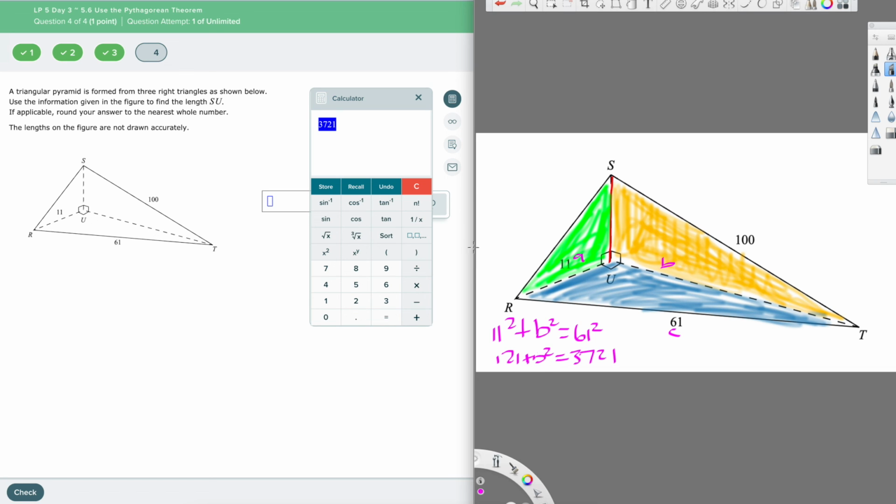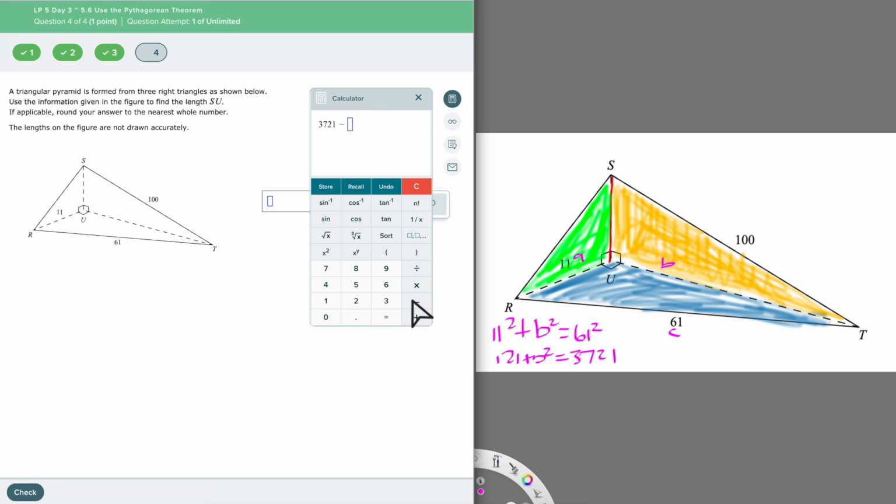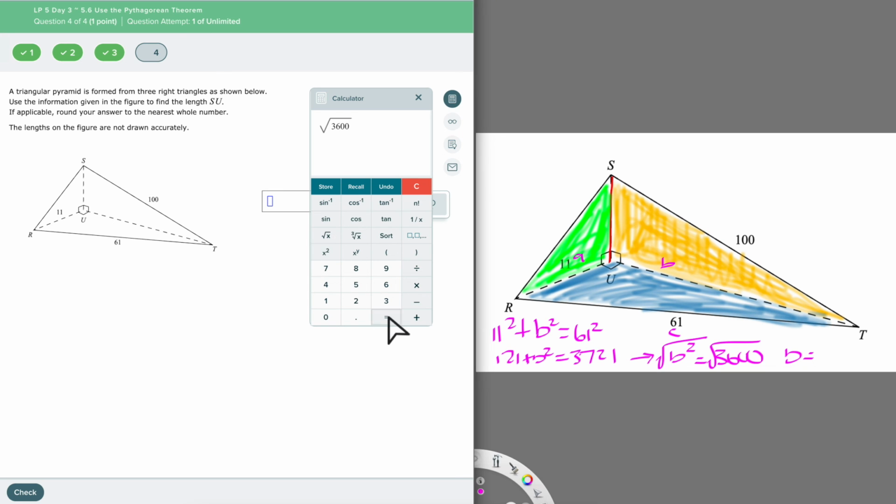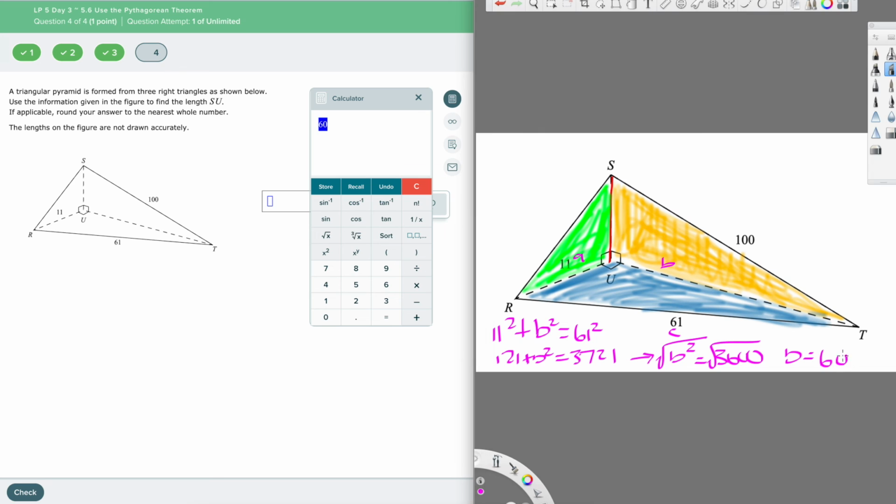We're going to subtract 121, and we get 3,600. So b squared equals 3,600. Now we're going to take the square root. So b equals, what's the square root of that? 60. So this is 60.